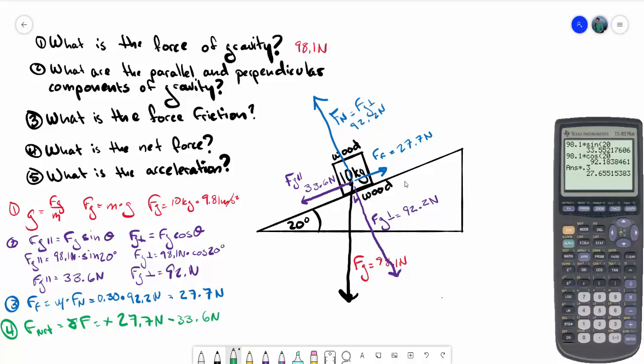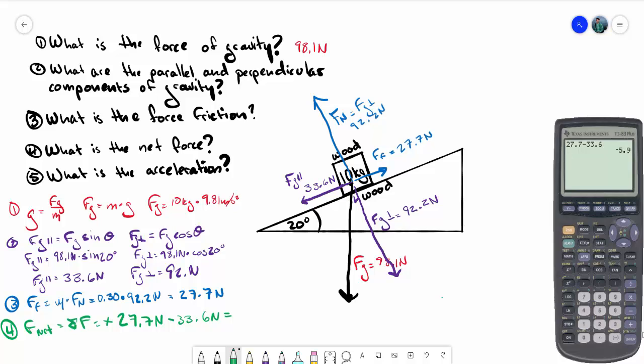If we take these two values and find their sum, 27.7 minus 33.6, we get negative 5.9, or a direction going down the hill.